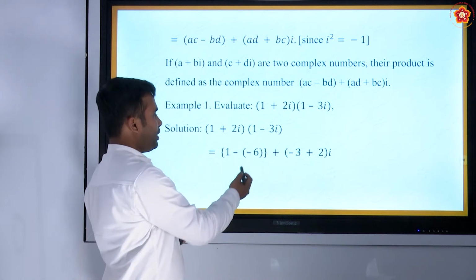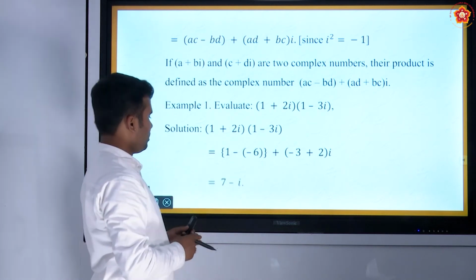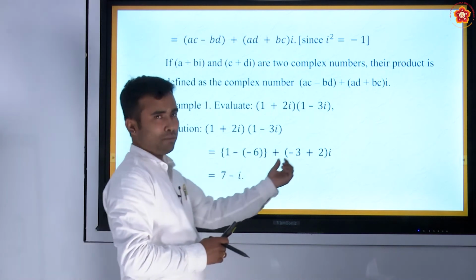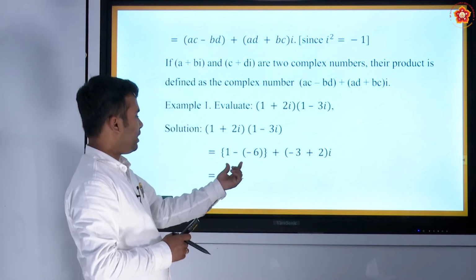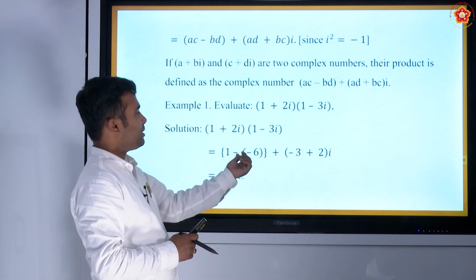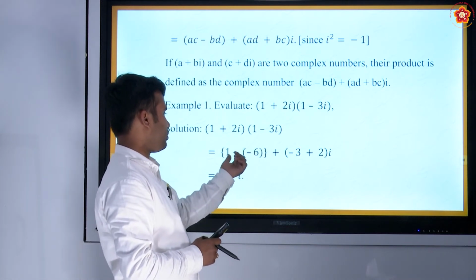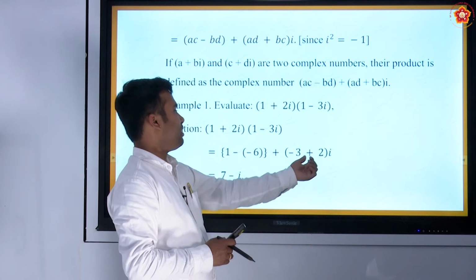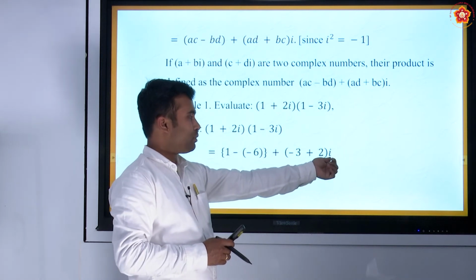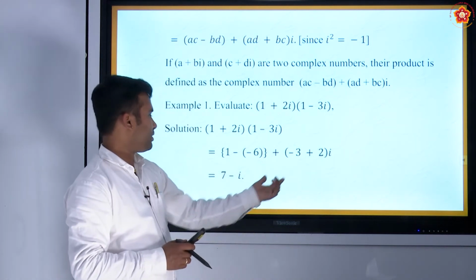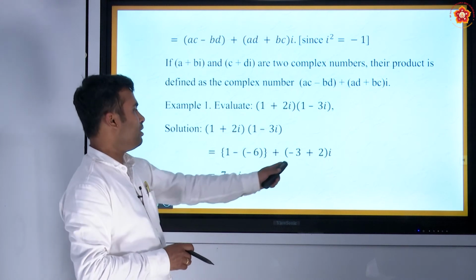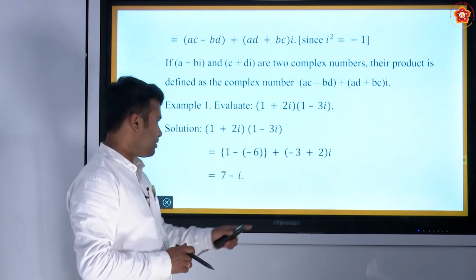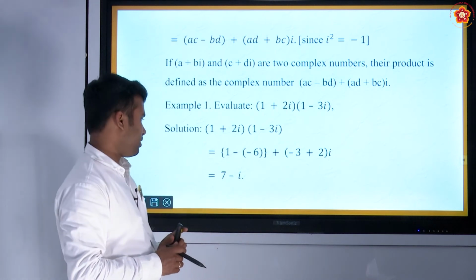So now you can group the real terms as well as imaginary terms. You will be left with 1 minus of minus 6, so it will be plus, so you will get 7, and this will be minus 3 plus 2, and we took that i common, so we are left with minus 3 plus 2 as minus 1, so this is 7 minus i.